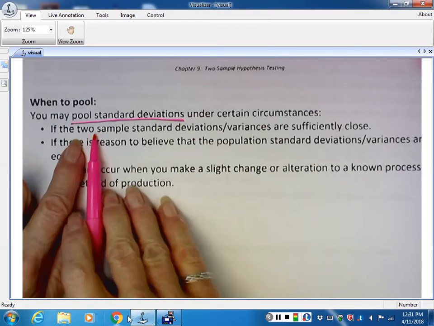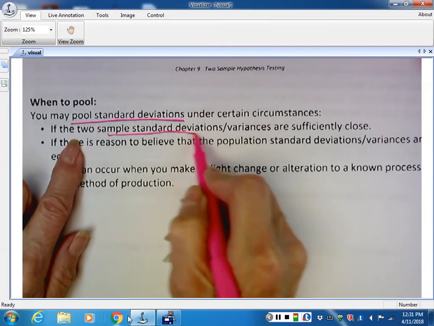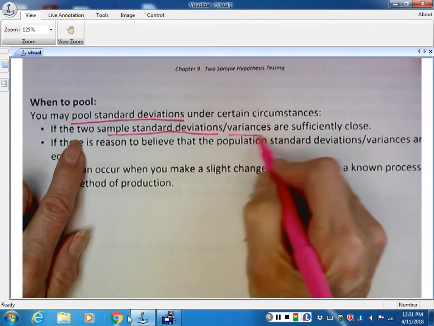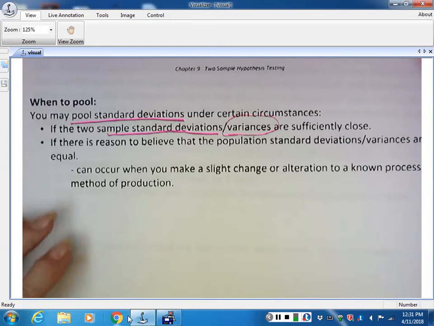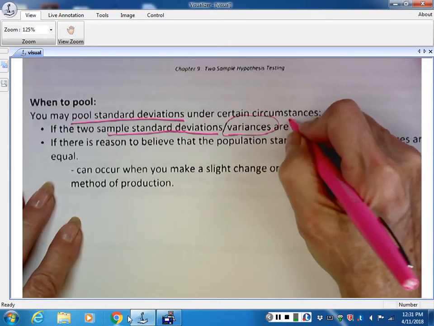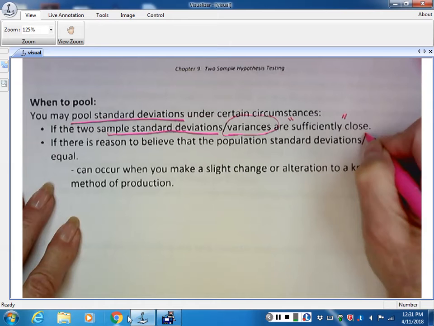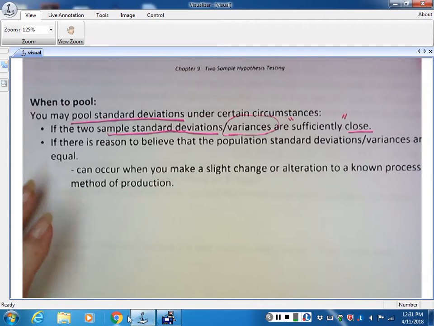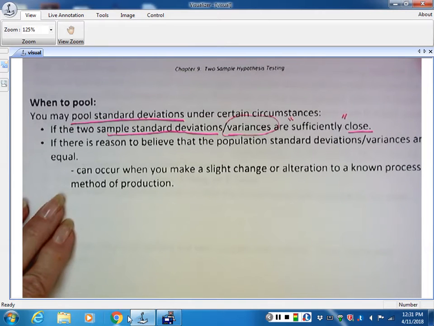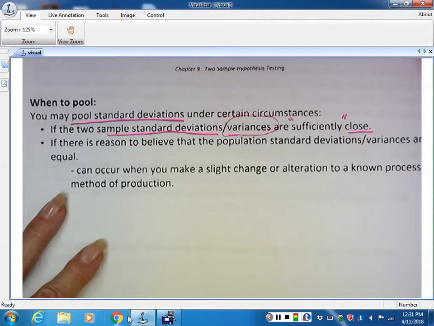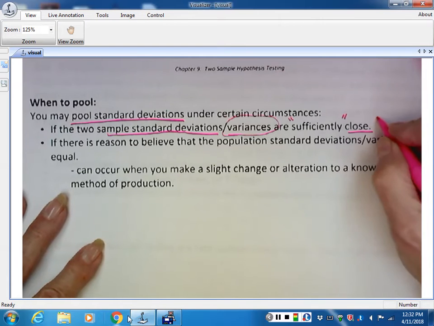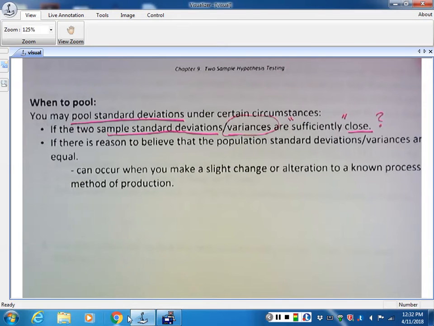The question is, if the two sample standard deviations, or if you're given the population variances, are sufficiently close. Now, I don't know about you, but I'm not feeling much in the way of judgment about if they're close enough or not. How big is big enough not to be close enough? So, I don't feel like I want to judge that.